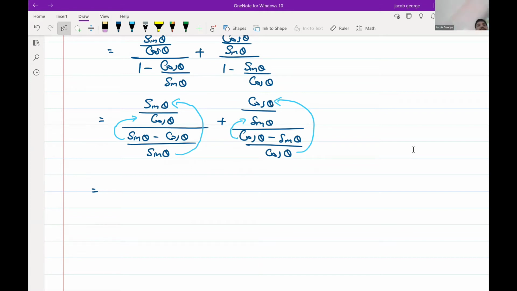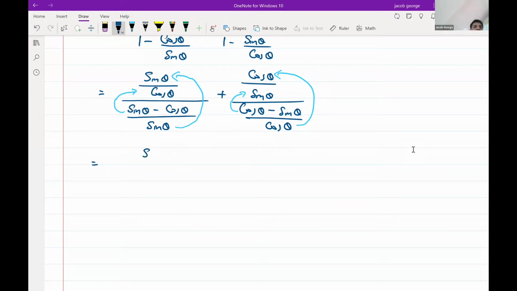So then this becomes sin square theta by cos theta into sin theta minus cos theta.